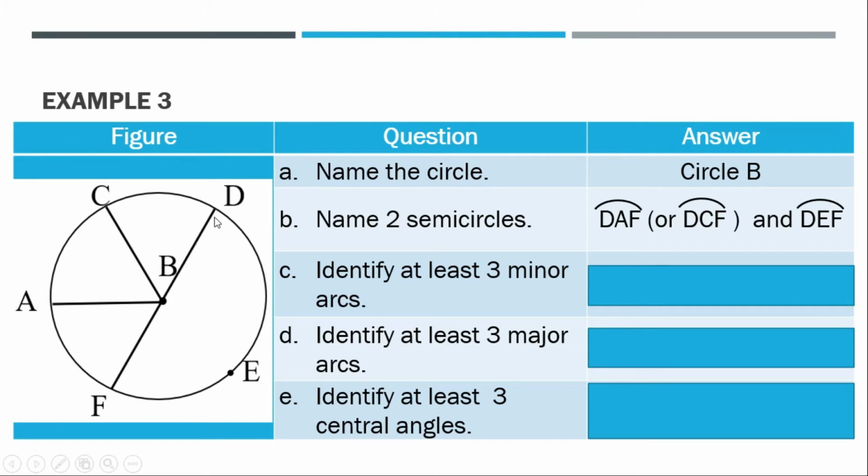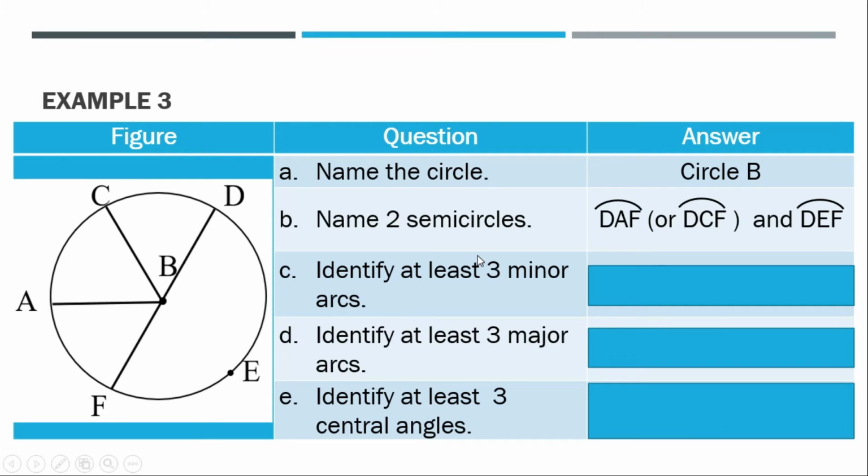So, nag-end siya mismo dito sa diameter. Or arc DCF and arc DEF. So, yung isang point, kukunin natin dito sa mismong gitna ng arc natin. Basta yung endpoint ng ating semicircle ay yung mismong endpoint ng ating diameter. Nakuha ba? At lagyan nyo lang siya ng symbol sa taas na pa-arc.